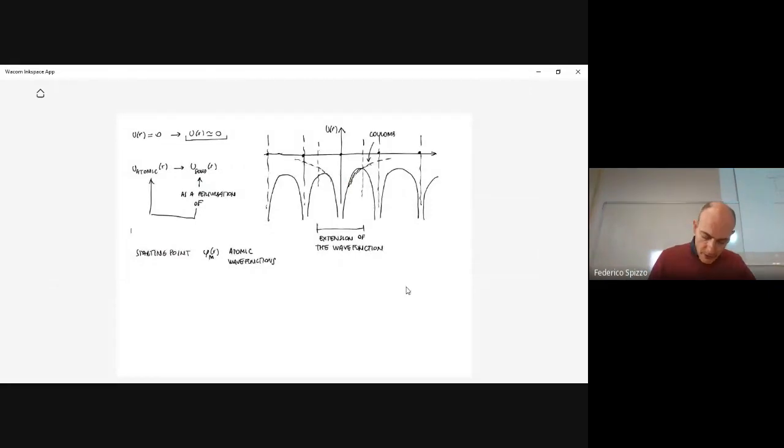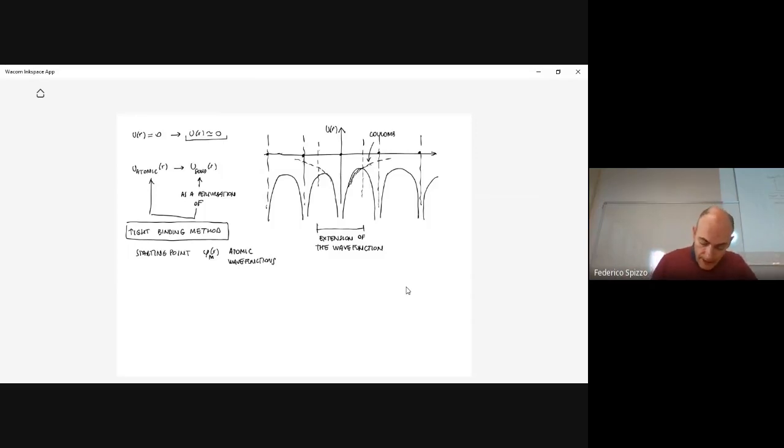This approach is called tight binding method, to say that there is a strong binding between the electron and the ion in this case.